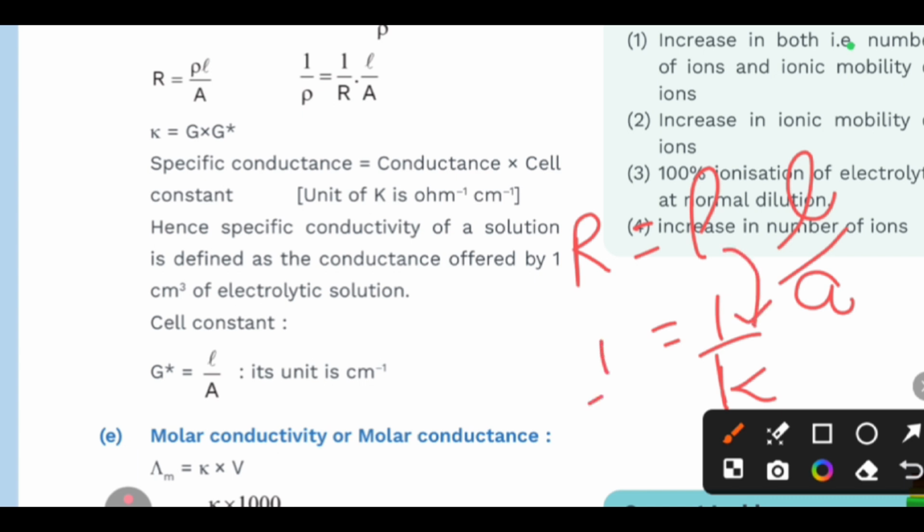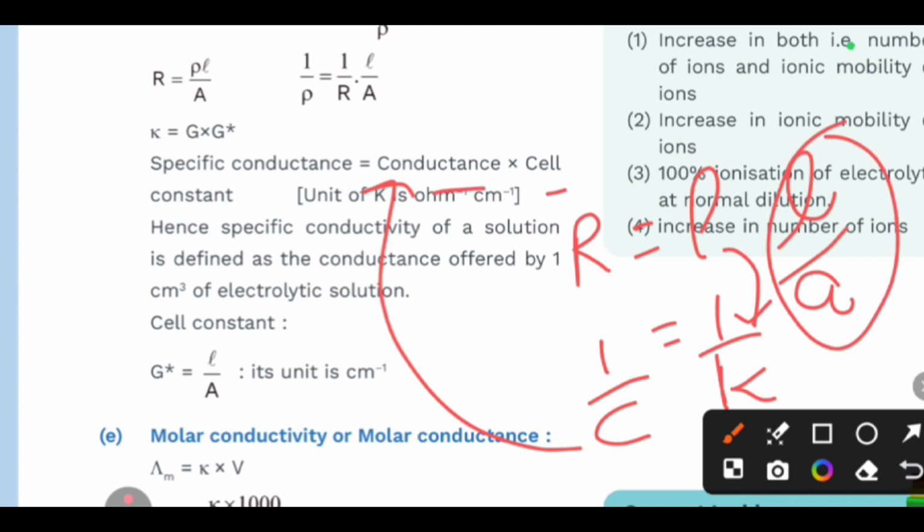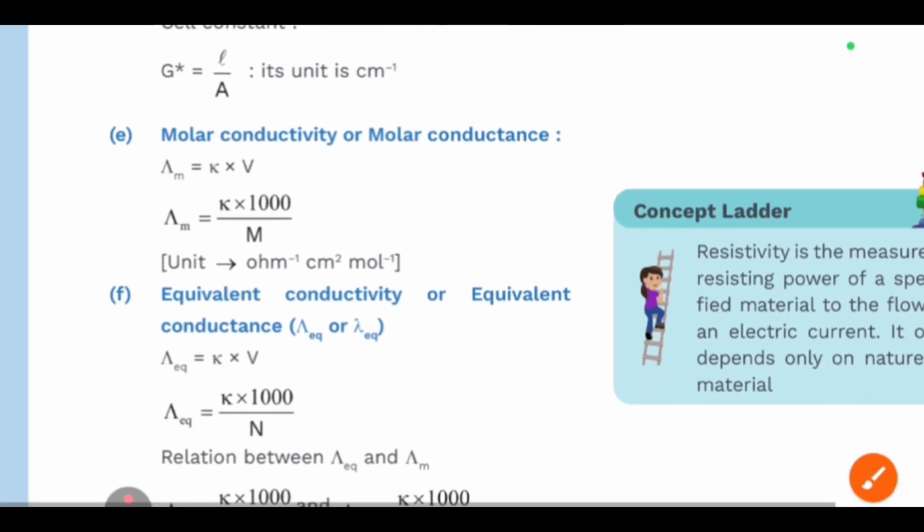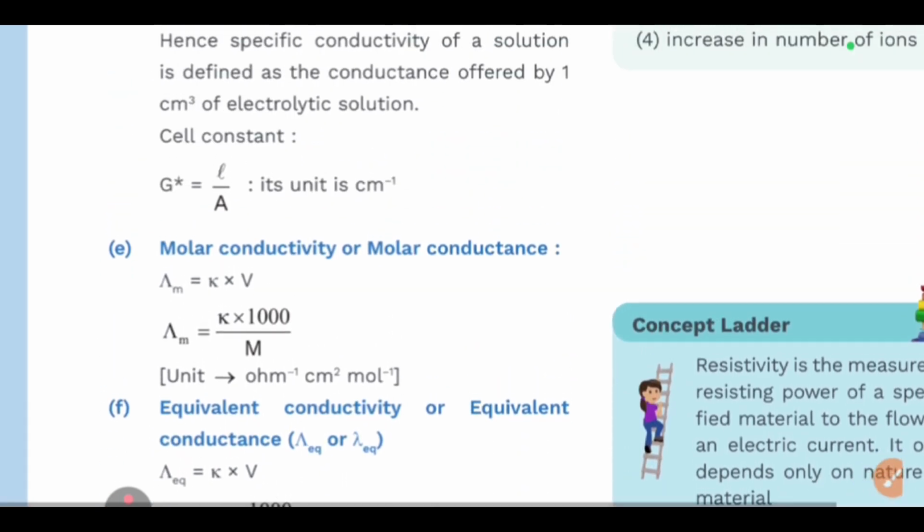R you can write as 1 by G, where G is the conductance. By using this relation we get: specific conductance is equal to conductance into cell constant. This value is the cell constant. The units you have to learn.